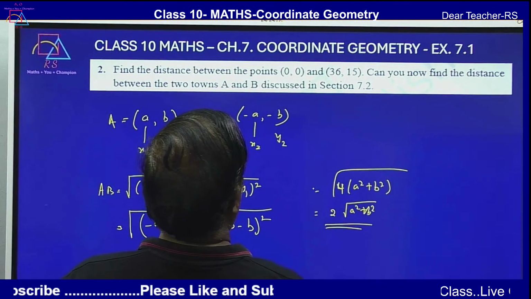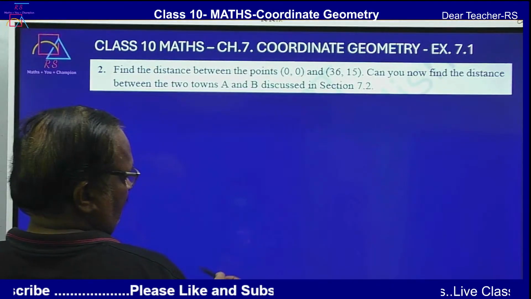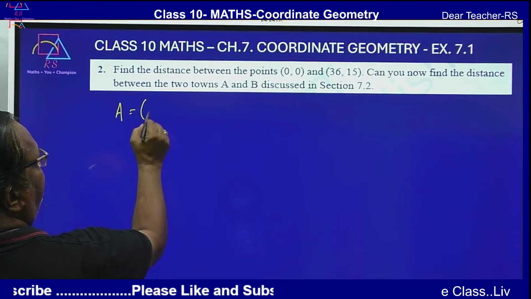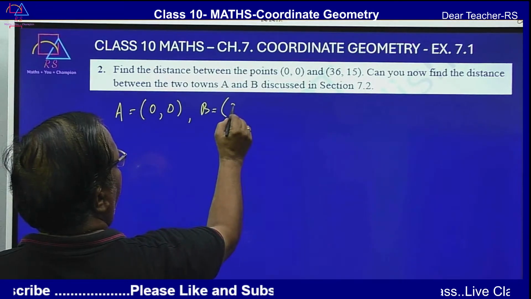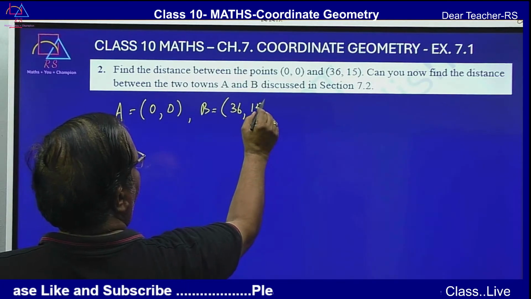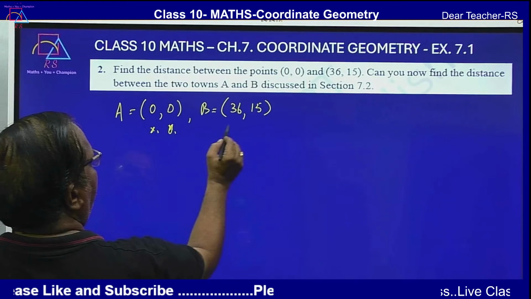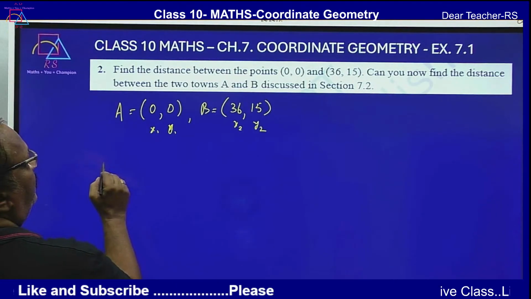Let us say A is equal to (0, 0) and B is equal to (36, 15). So this is x1, y1, x2, y2. So now find the distance.